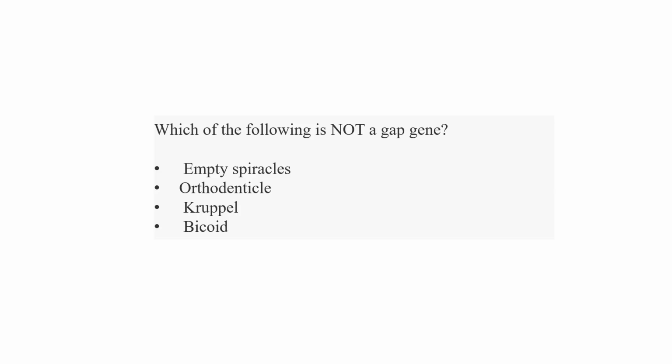Okay, this is the first one. A, B, C, D. Okay, so these are the labels. The question is, which of the following is not a gap gene? Empty spiracles, orthodenticle, Krüppel, or bicoid. So I'll give you 2 minutes. Then I'll switch the screen. Meanwhile, you think what can be the answer, and then we'll discuss it, of course.